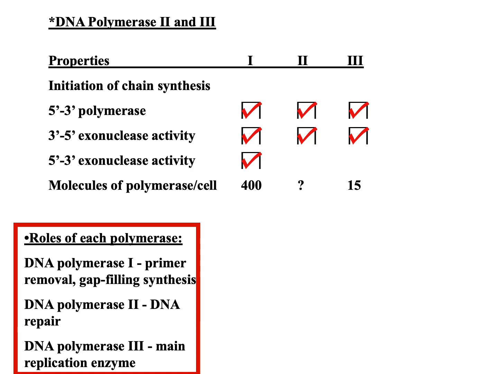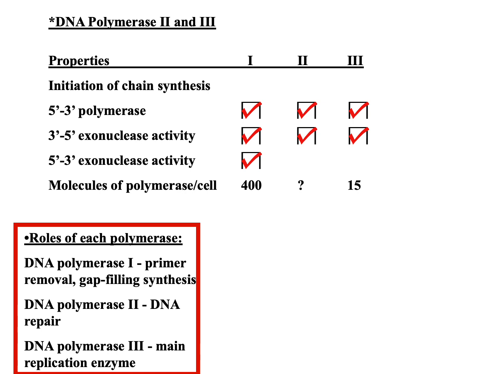It turns out that each one of the polymerases has a slightly different function typically inside of the cell. I'm going to jump down to DNA polymerase 3. It turns out that DNA polymerase 3 is the main replication enzyme. It is the main enzyme synthesizing DNA during DNA replication.